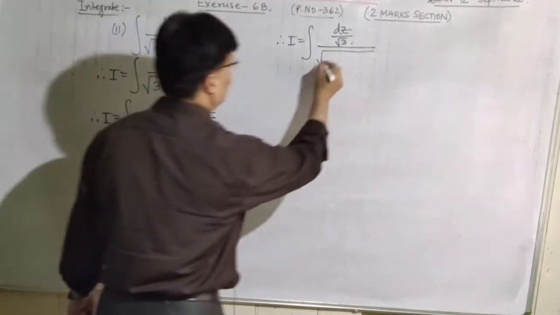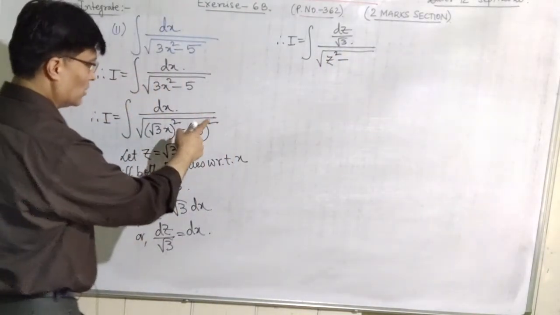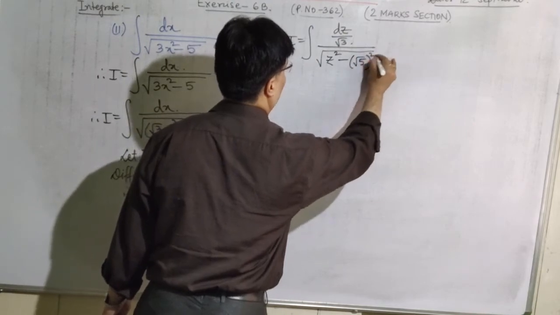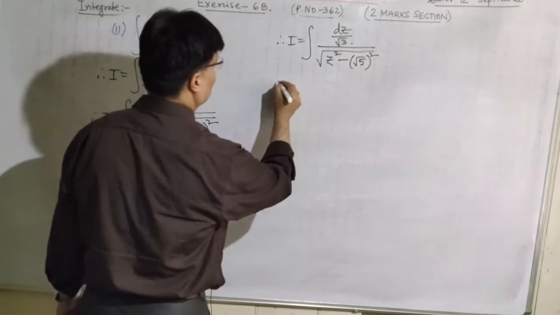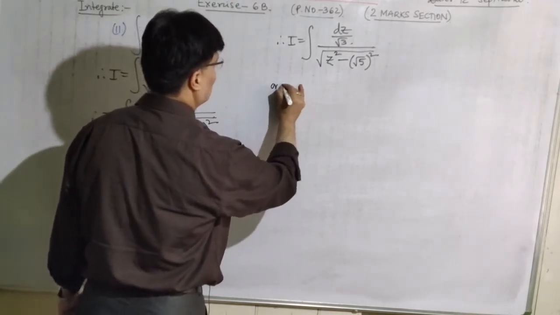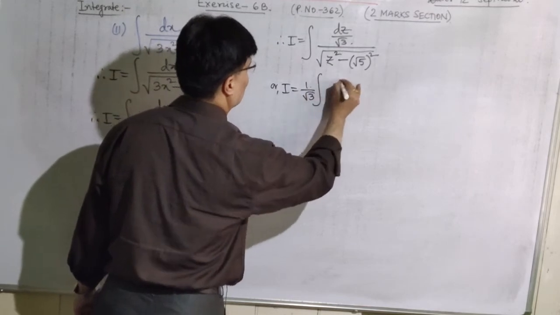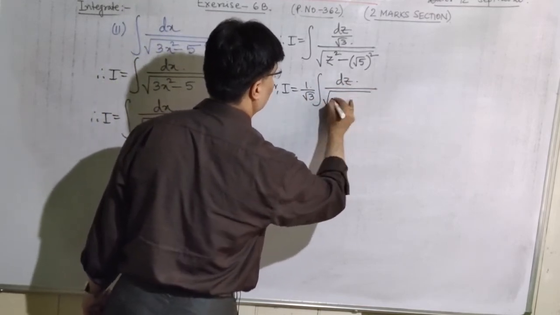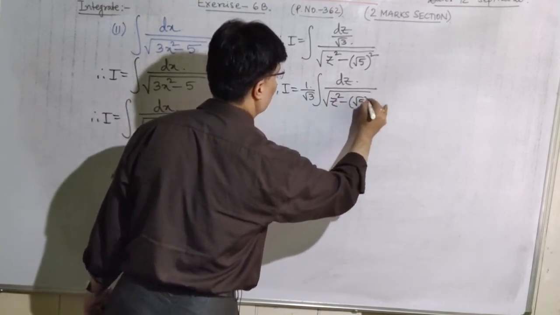It is z, so z square minus root over 5 whole square. Now which is constant here that you can take outside? Or I is equal to 1 upon root 3 integration of dz divided by root over z square minus root over 5 whole square.